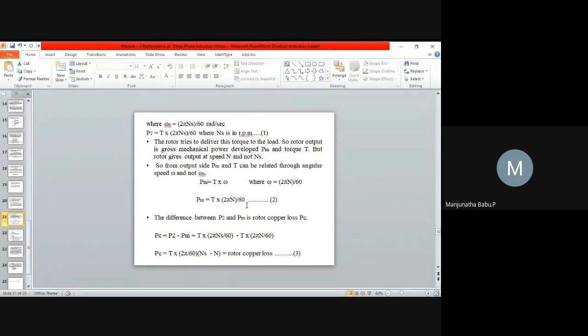Here we have to find the shaft torque. We know the shaft torque is 190 Newton meter. Substitute here, PM is equal to 190, but I don't know the speed. To find speed, we know NS is equal to 120 F by P, the synchronous speed.